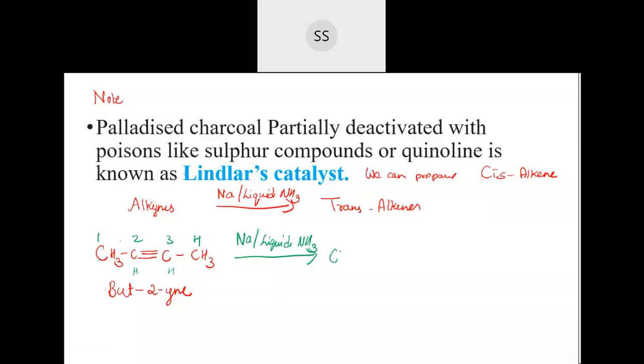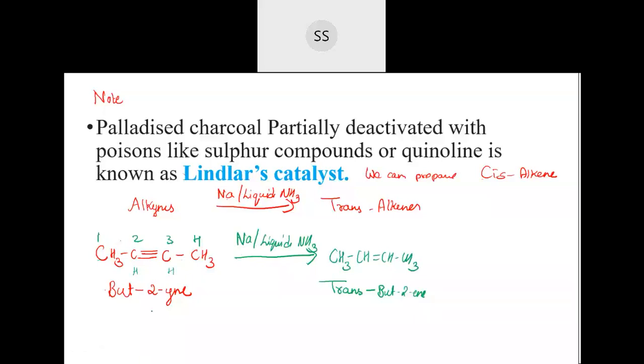So you get CH3, CH double bond CH, CH3. But because it's a condensed structure, you can't identify how the geometry is. So what you are going to do is write the name correctly. When you are writing the product using this reagent, you will write the name as trans-but-2-ene.